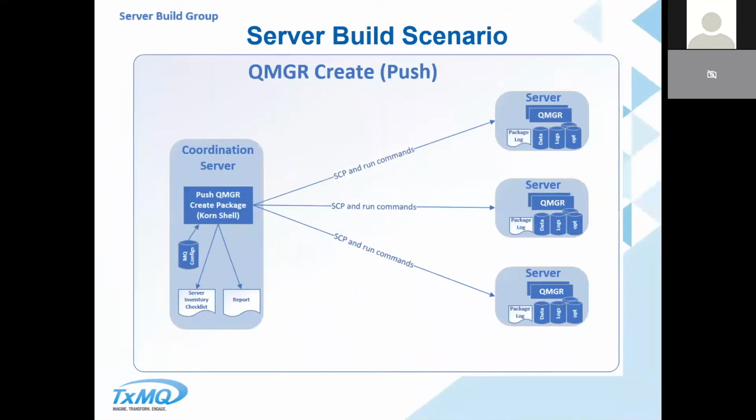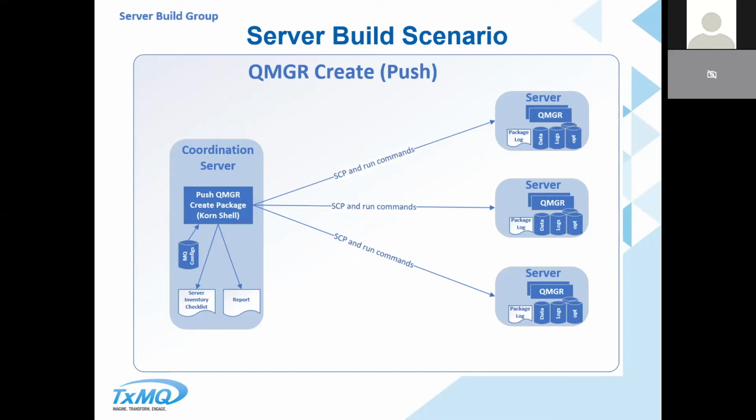It could be very simple type code. But another story that someone could put together would be a queue manager create, as part of the coordination server, and again, it could be nothing more than a Korn shell script that'll go through and say, okay, now I want you to create these queue managers.